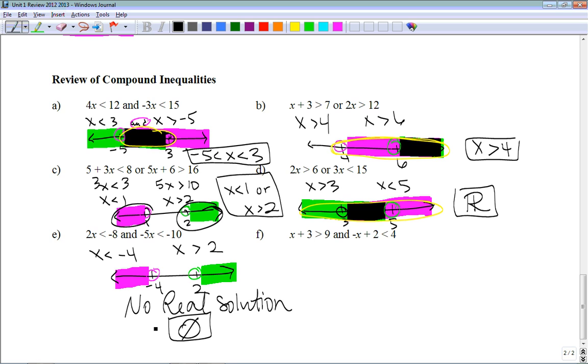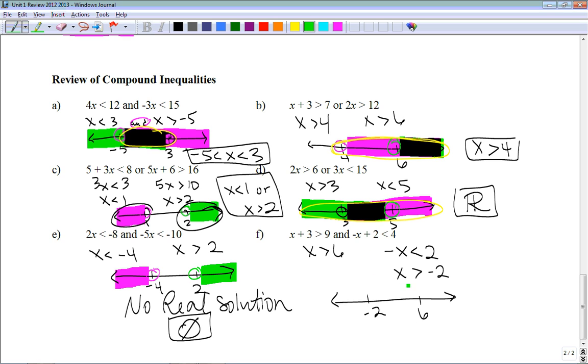Okay, and then last one, drawing our number line. Oops, getting ahead of myself. Okay, first of all, let's solve. Subtract 3, get x is greater than 6. And then on the other one, subtract 2, you get negative x is less than 2. Divide by negative 1, and you'll get x is greater than negative 2. Now we can do our number line. So here, negative 2 is less than 6.